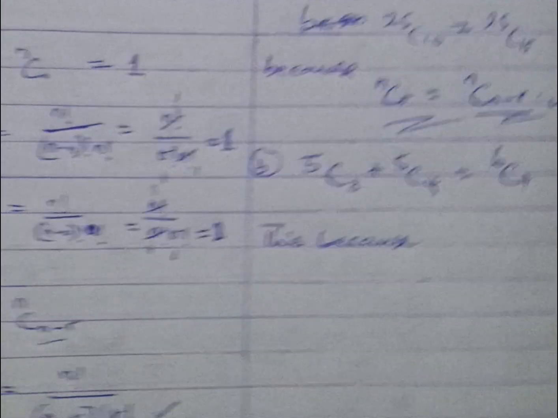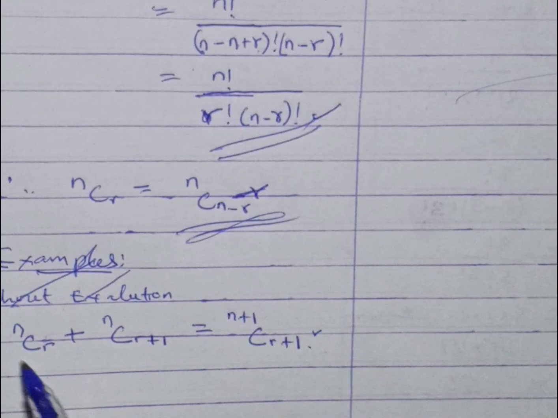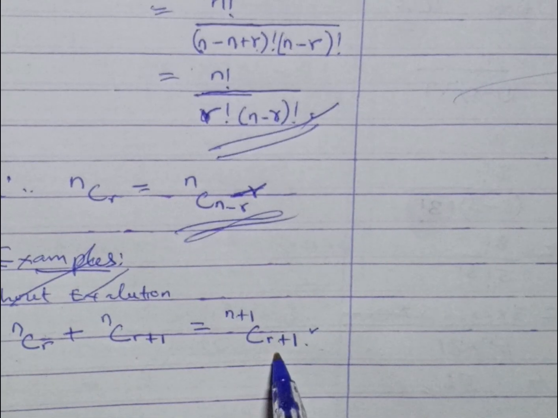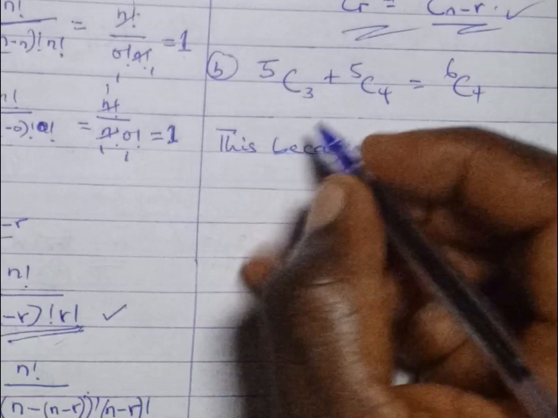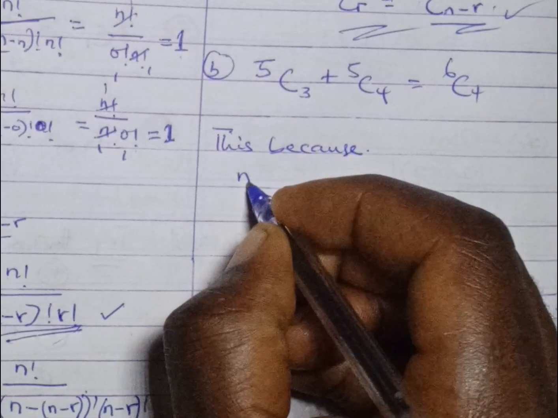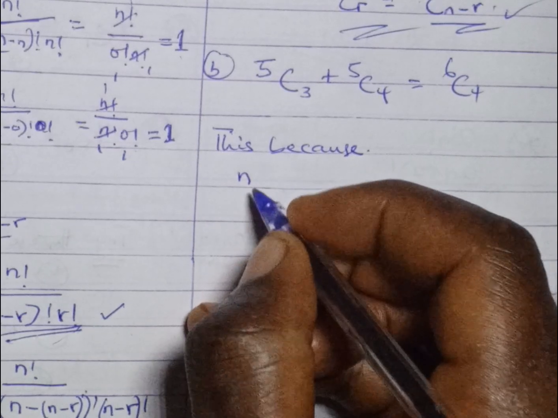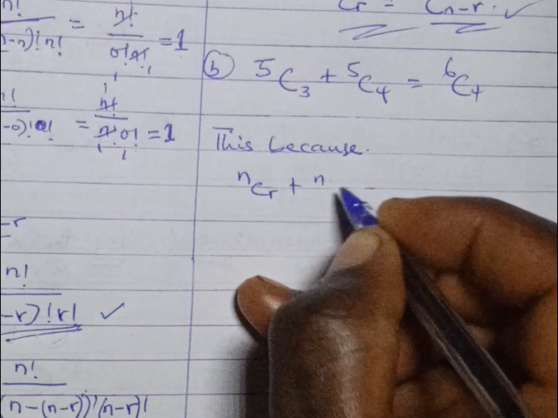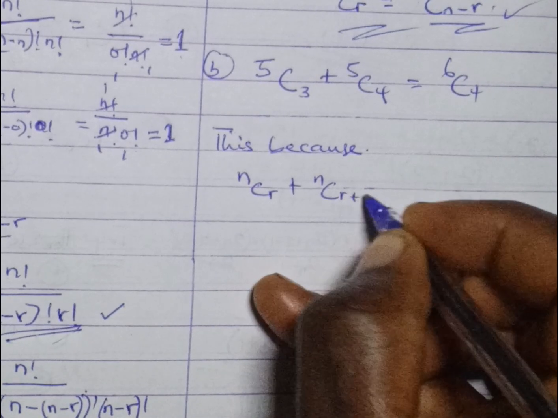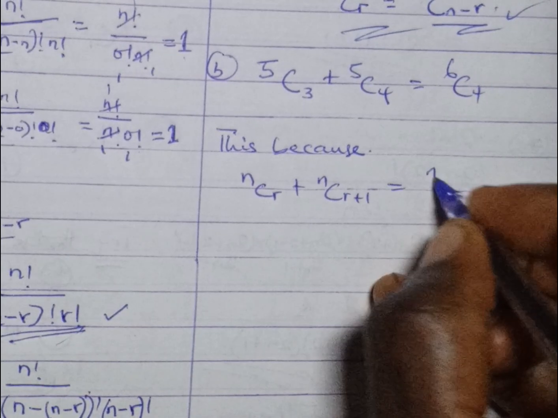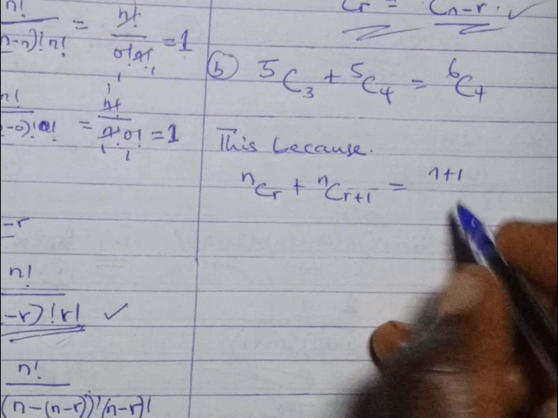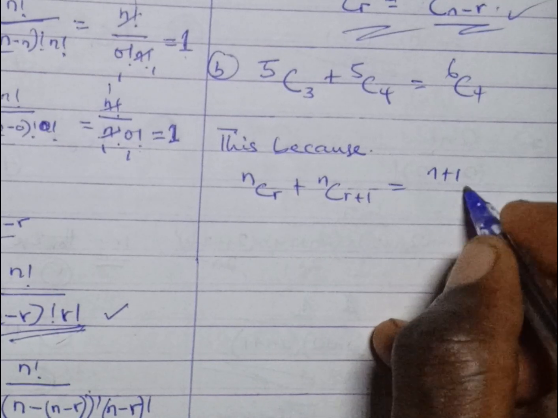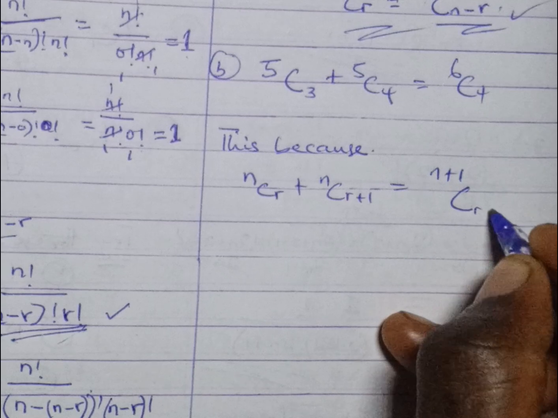What fact now? This very fact here. So we can write that nCr plus nC(r plus 1) is equal to (n plus 1)C(r plus 1).